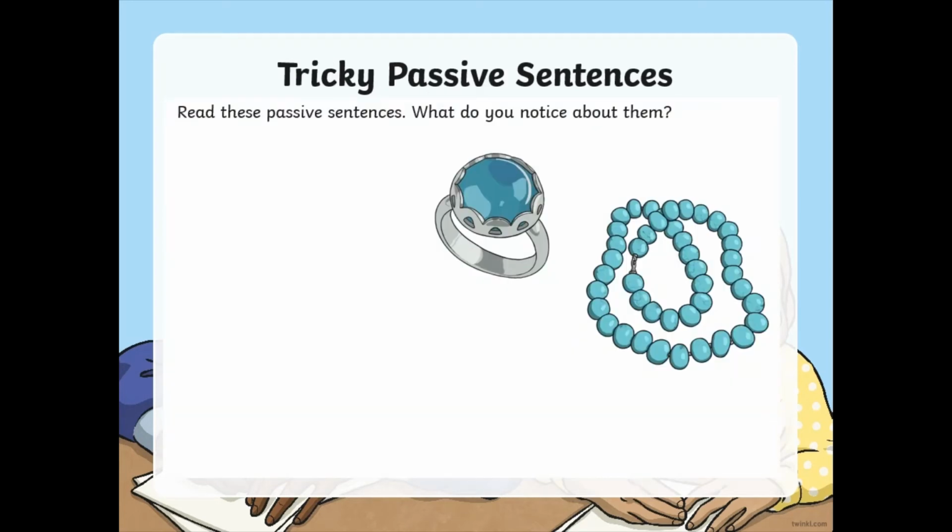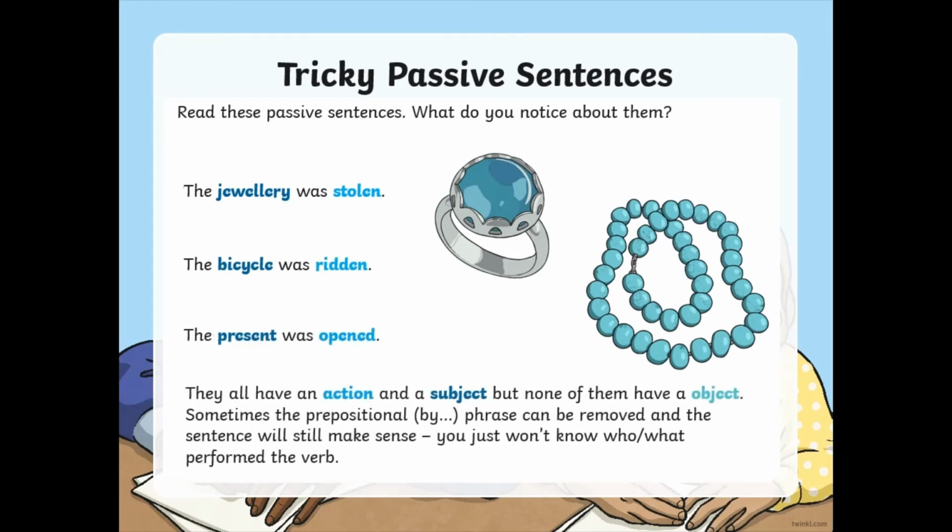So, let's look at these tricky passive sentences. The jewellery was stolen. The bicycle was ridden. The present was opened. Notice in these, they've all got the action and the subject, but none have an object. Now, of course, these could be classed as objects if you were reversing them, but as we mentioned at the start, they change to become their own subject.